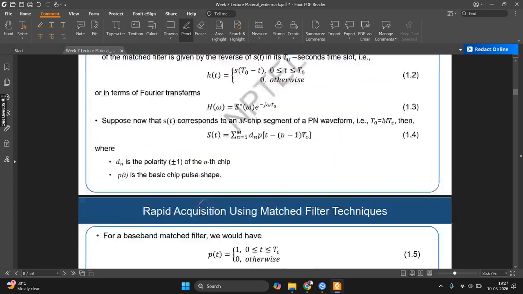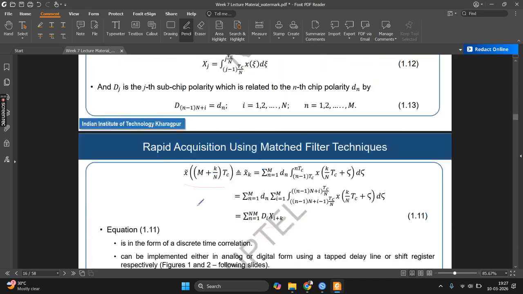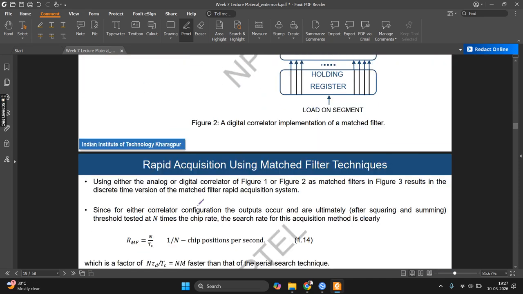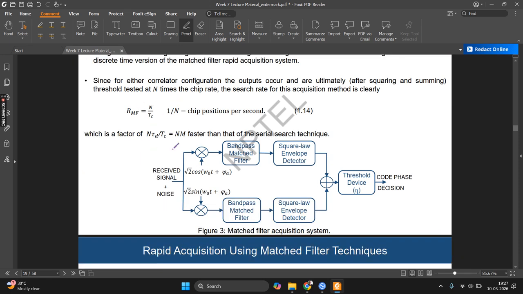Now instead of 1 by tau d, what you have is n, so you are doing n times faster, so n by Tc. Okay, so n by Tc can be shown to be much greater than 1 by tau d, because it is n times more.